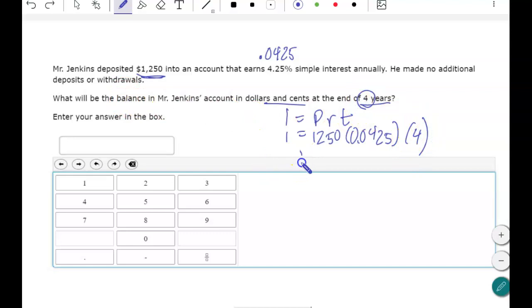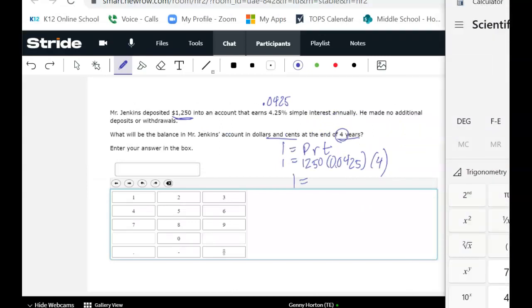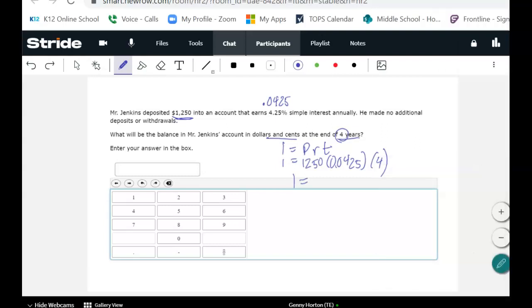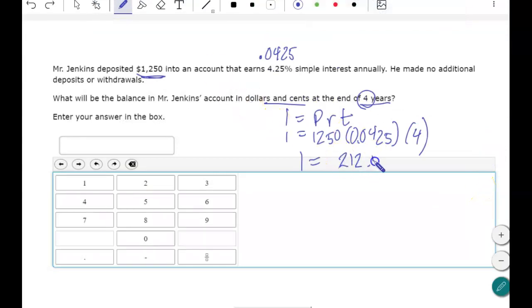All right, that's only going to give us the interest. So let's use our calculators and calculate that real quick. 1250 times 0.0425 times 4. The interest earned is going to be $212.50. Now it asks what the balance is after the 4 years.